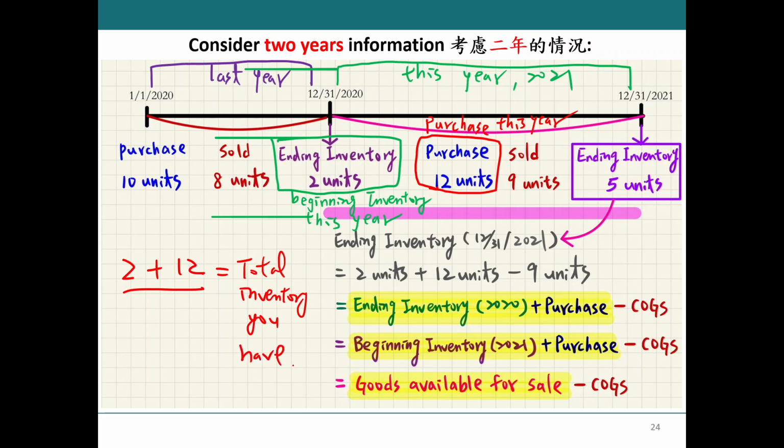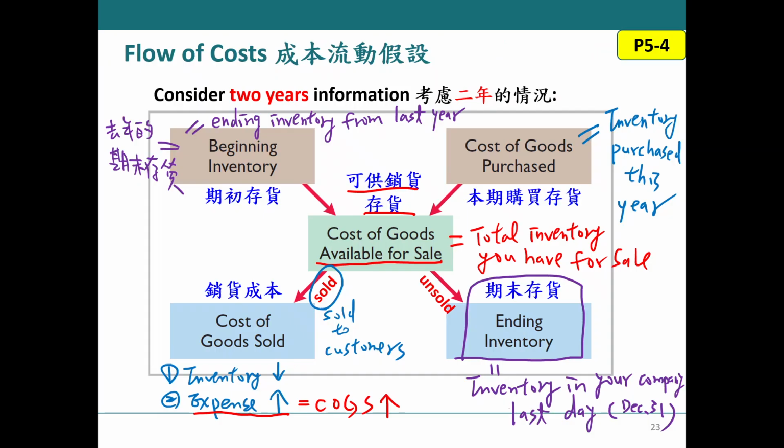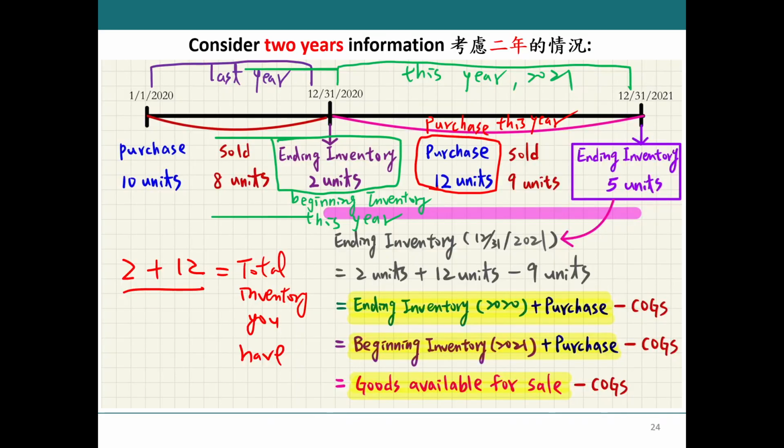So what do we call it? We call it cost of goods available for sale, right? 可供销售存货, available for sale.